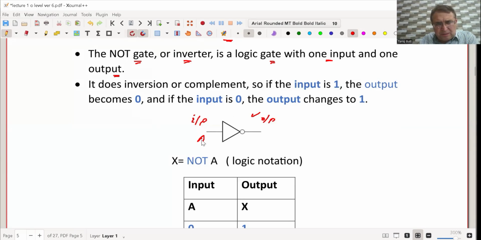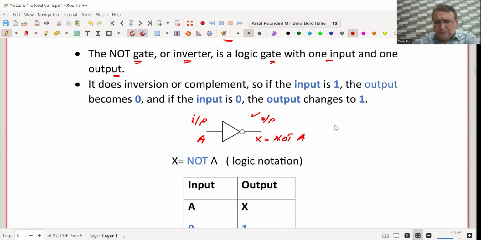Let's say input is A, and this is the output. Let's say output is represented by X. So the logic expression for this NOT gate, you can write down like this: X equals NOT of A. A is the input, output which is labeled as X, it is NOT of A. This is the logic expression for this particular gate.